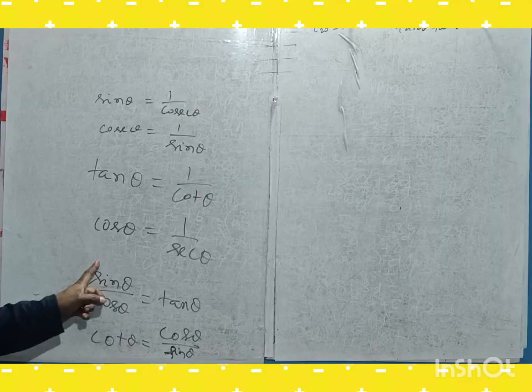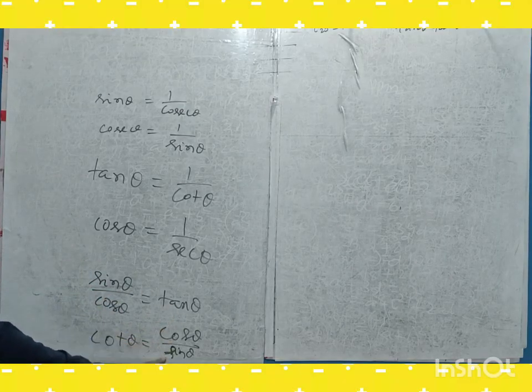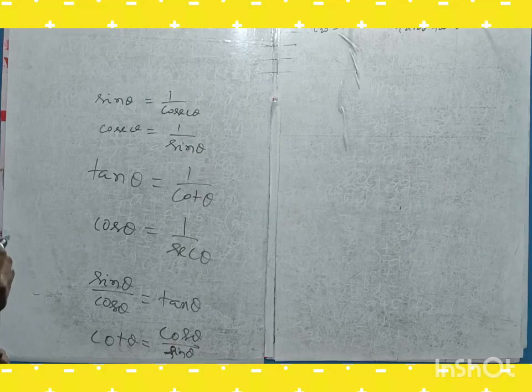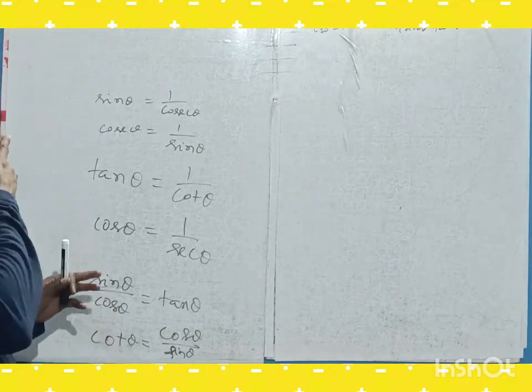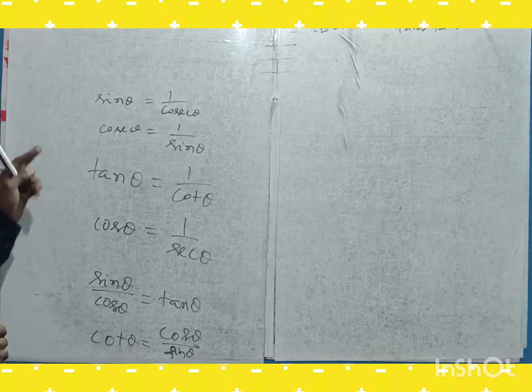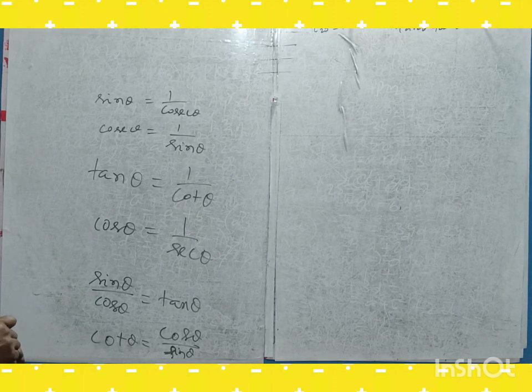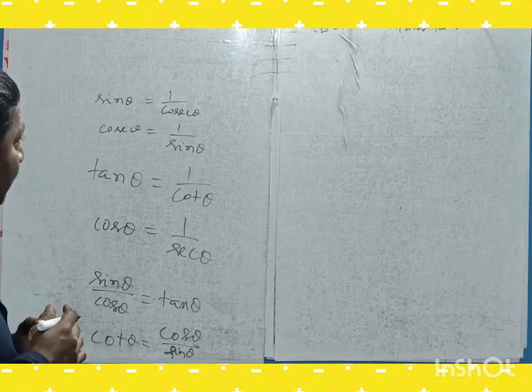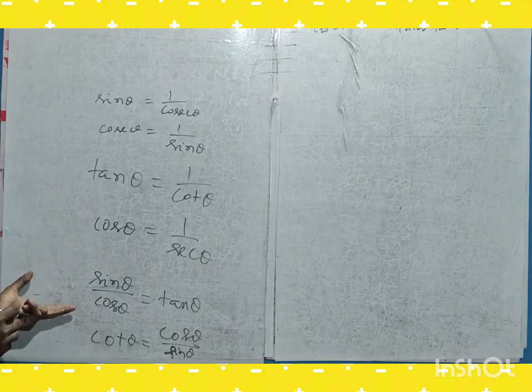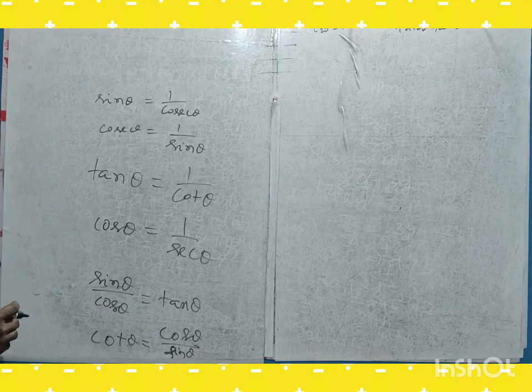Sin by cos is tan and cos by sin is cot. There are more formulas you have to remember, but these are the fundamental formulas. Based on these, you have to calculate different things. Let's apply these formulas.